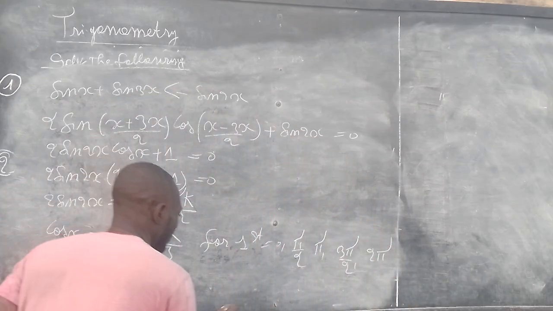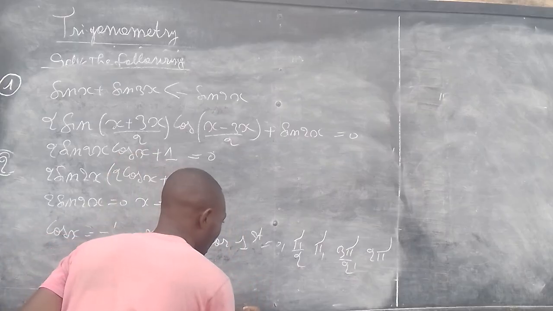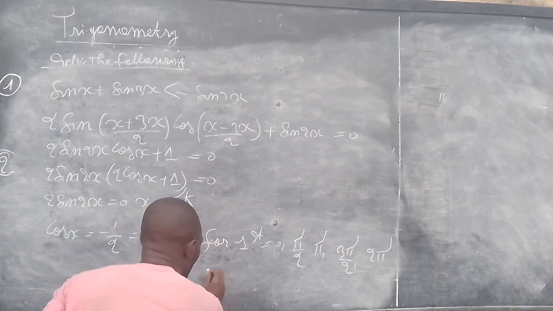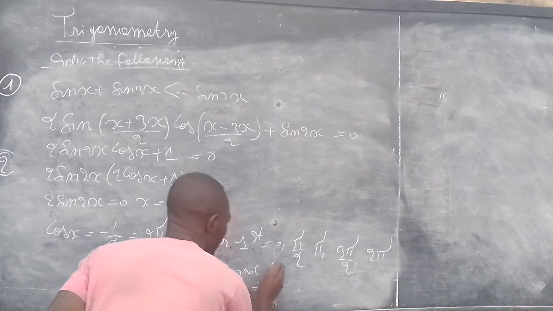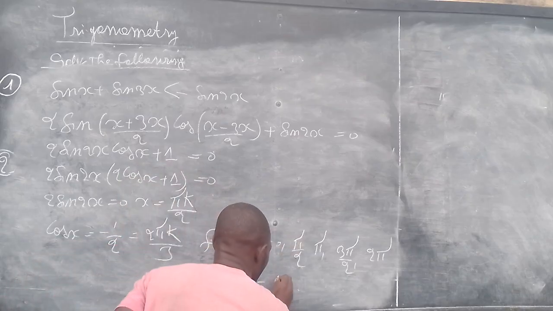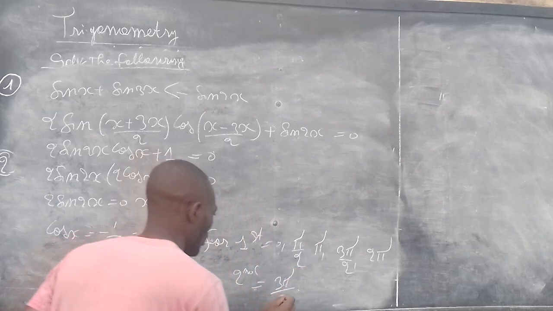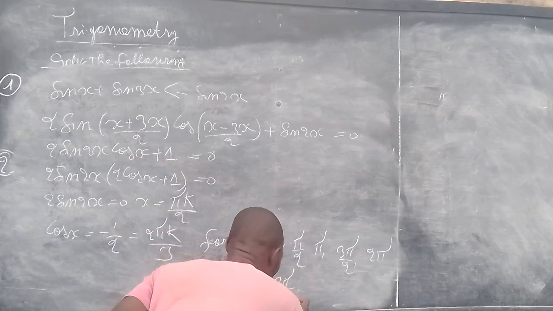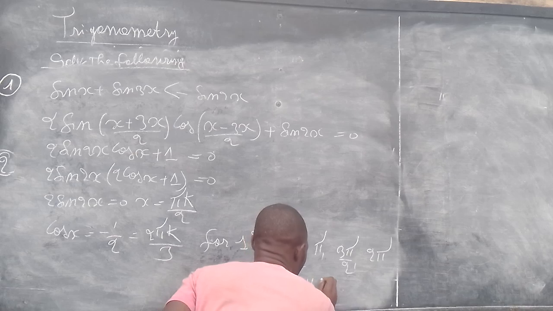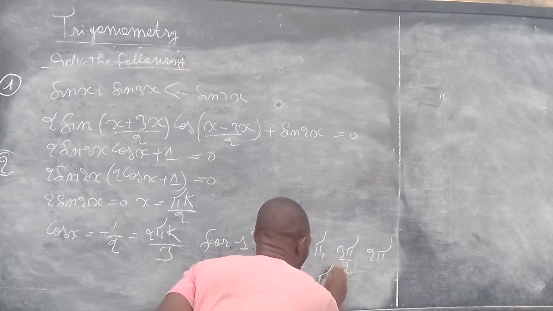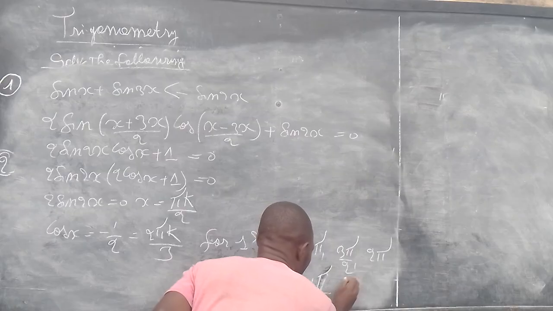For the second we have 2 pi over 3 and 4 pi over 3.